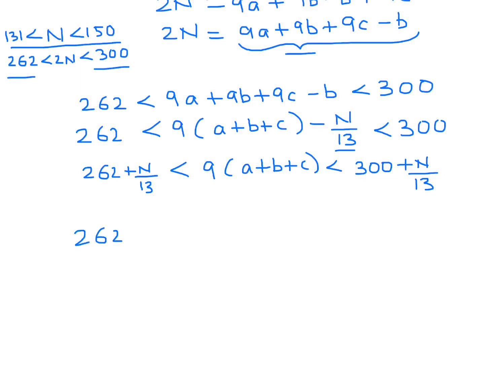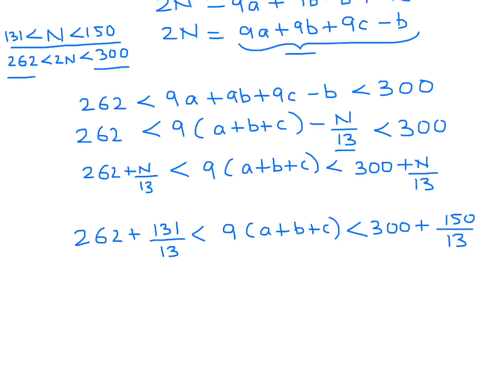So 262 plus n, the lower limit is 131. And on this side, the upper limit of n is 150. All right? And of course we have 9a plus b plus c, like that. So then you do the math here, and this comes out to about 272, and this comes out to about 311 and something, 0.5, I think, 0.5.